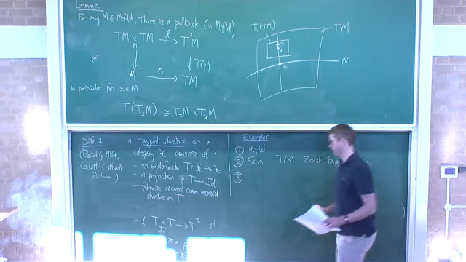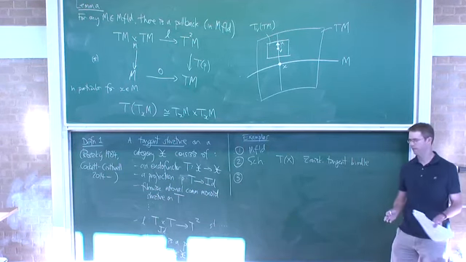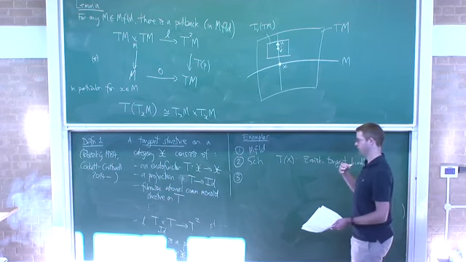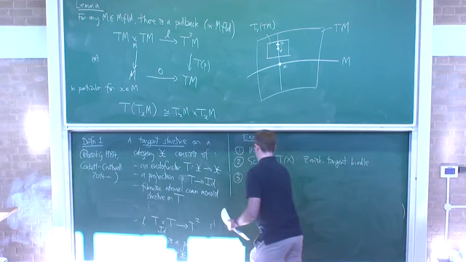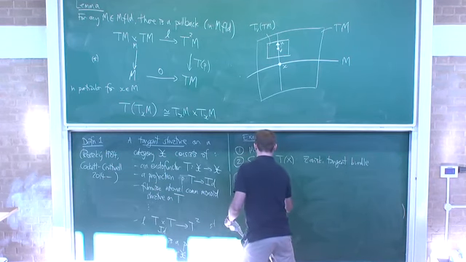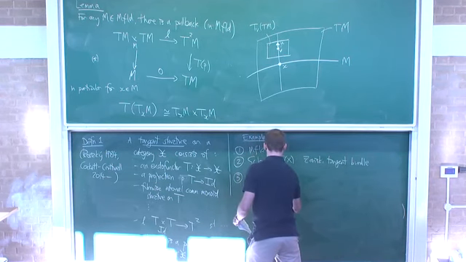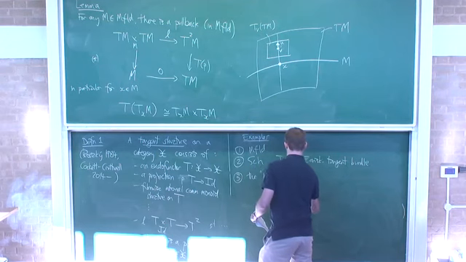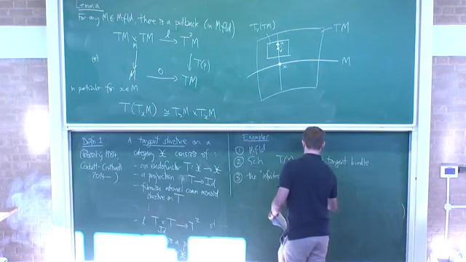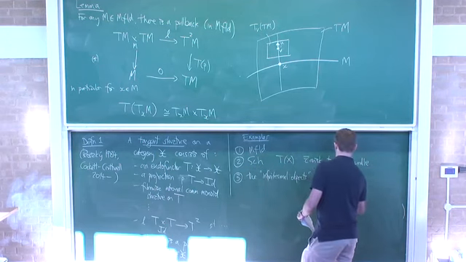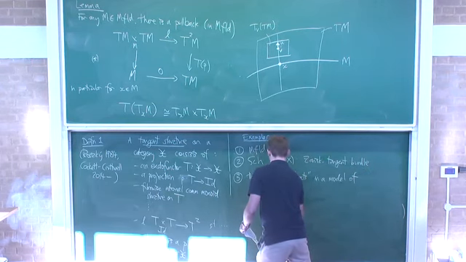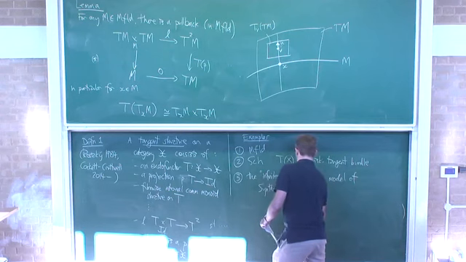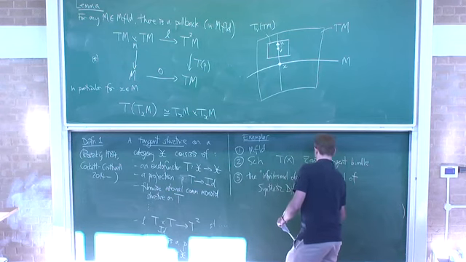The example I think they're most interested in comes from synthetic differential geometry: the infinitesimal objects in a model of synthetic differential geometry.